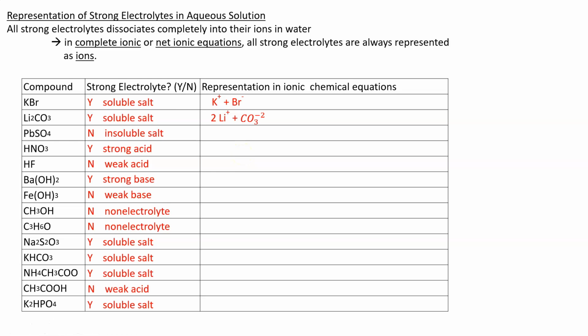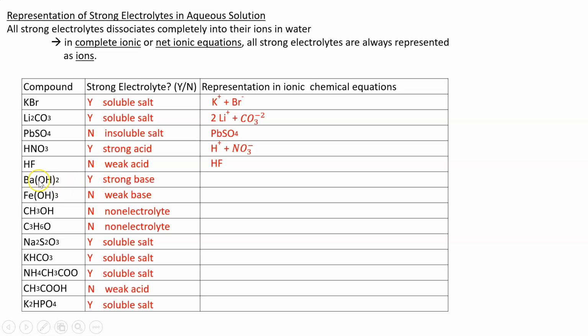Now I have PbSO4. Well, it's an insoluble salt, so it's just going to look exactly like it does over here. We didn't change it at all because it is not a strong electrolyte. Okay, this one's a strong electrolyte. I'm going to break it apart into its ions, H+ and NO3-. This one is not a strong electrolyte, so it just stays HF.